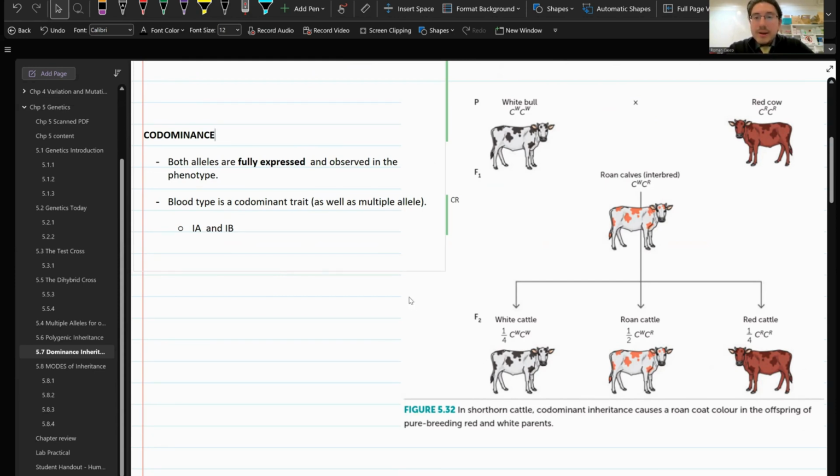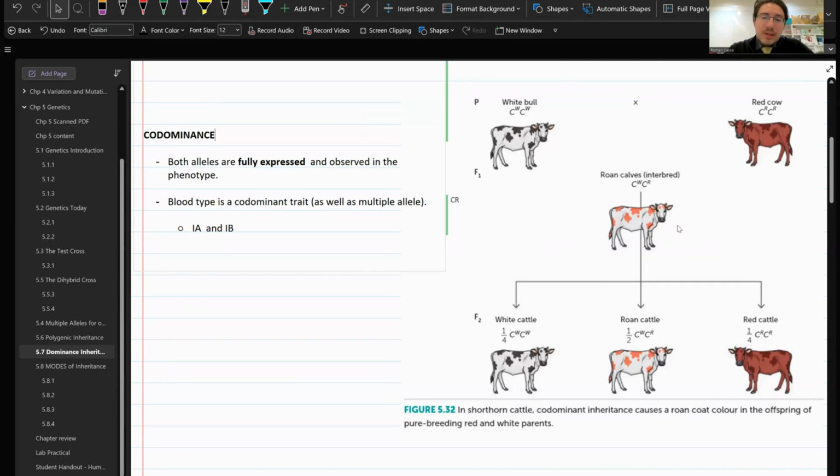Other examples could include the coat color of cows, where you have a white bull that is WW. Again, same situation here, where that capital C is just a placeholder for the letter for the actual allele, not as important. And then you have a red cow, big R, and you breed them together and get a particular outcome, with brownish spots and a white coloration throughout the skin.